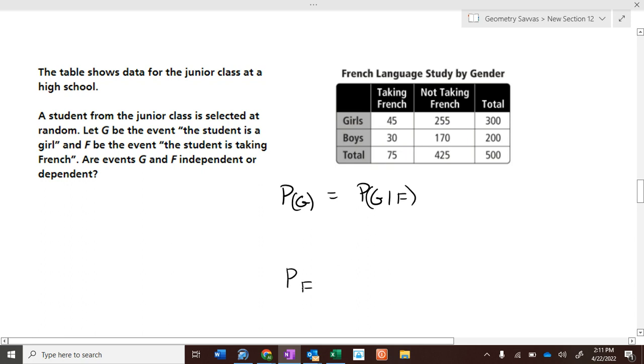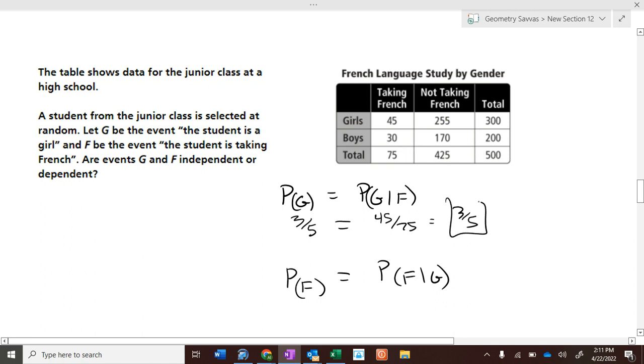What's the probability that a person's a girl in that school? 300 out of 500, or 3/5. Given that they're in French class, what's the probability that they're a girl? 45 out of 75, which is a 3 out of 5 chance, right?